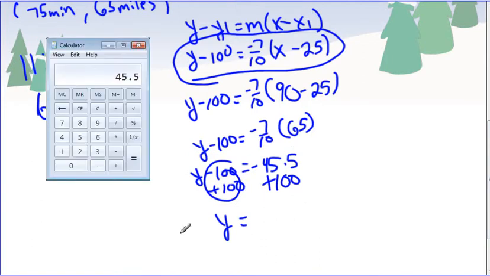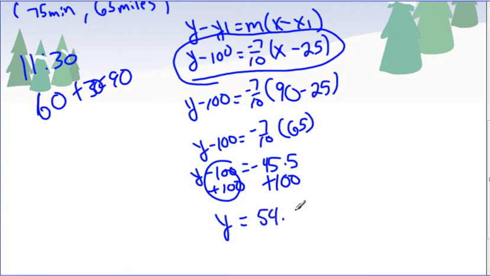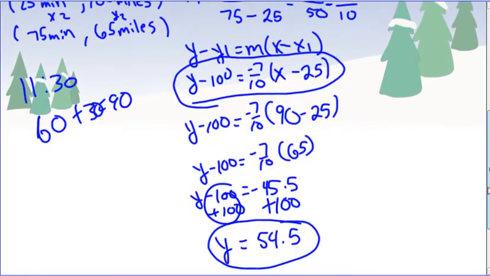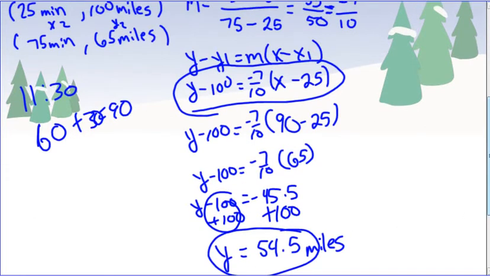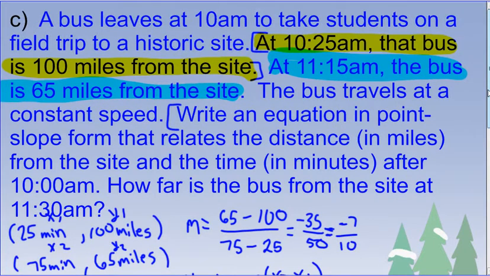The signs are different, so we're going to subtract. 100 minus 45.5 equals 54.5. And it would be a positive because there's more positives than negatives. So at 11:30, the bus is 54.5 miles away from the historical site they're going to.